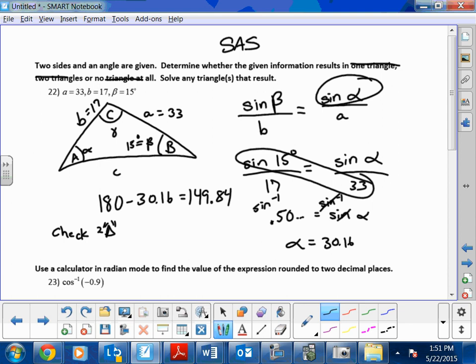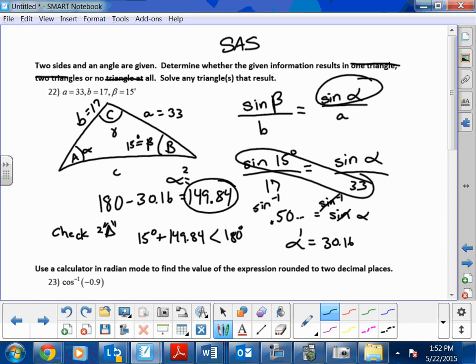We have to add our previous answer, 15 degrees, add 149.84, and ask ourselves, is it less than 180 degrees? If it is, there could be a second triangle, which in this case there is. So we're going to have to solve for the second triangle too, using this as an alternate, this being alpha 2, this being alpha 1.